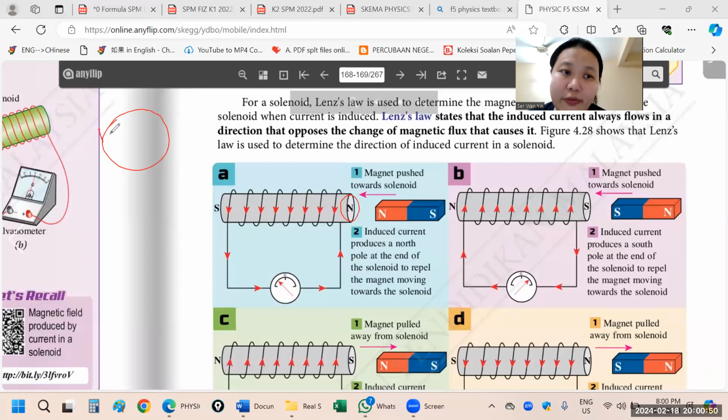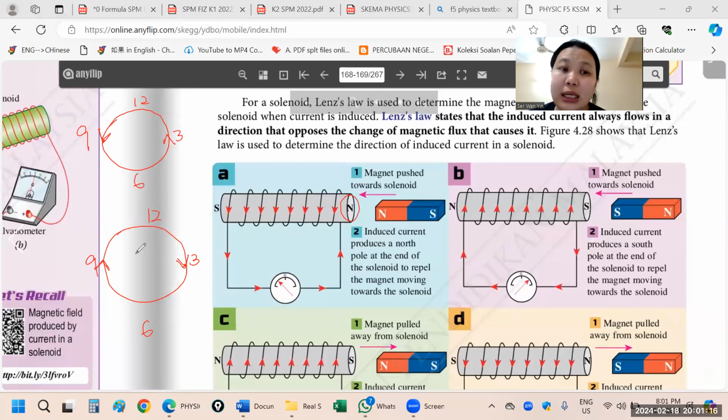The current will flow either clockwise or anti-clockwise, let's say like a clock. If the current flows clockwise, the electromagnet is like that.